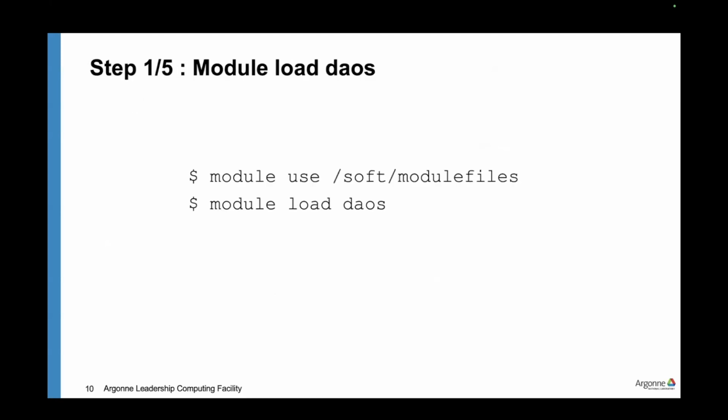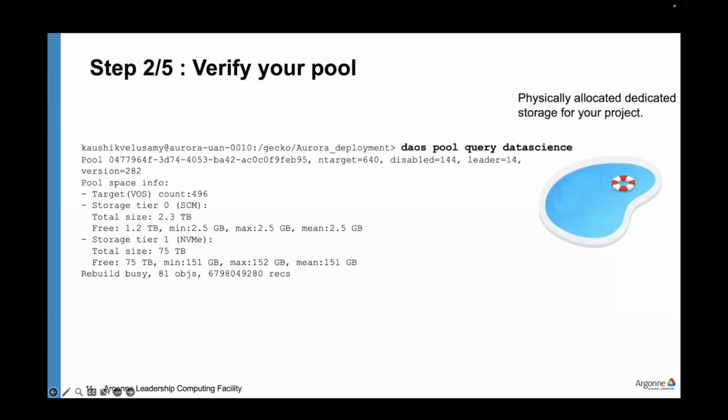So to get started with DAOS, there are just 5 steps. The first step is just module load DAOS. In the second step, you just make sure the pool that you requested is active and you have access to it.